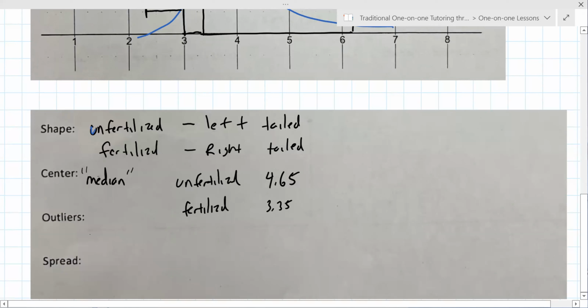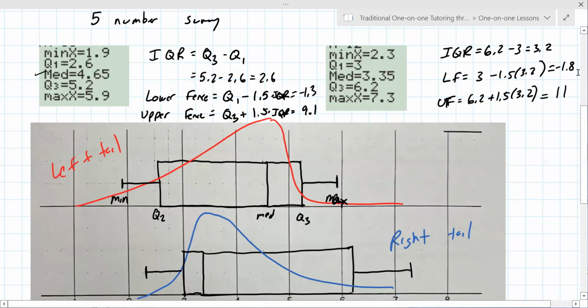There are no outliers in this case. That's what the whole business about the upper fence and lower fence is. Wait, so why are there no outliers? There were no values above or below the fences that we calculated.